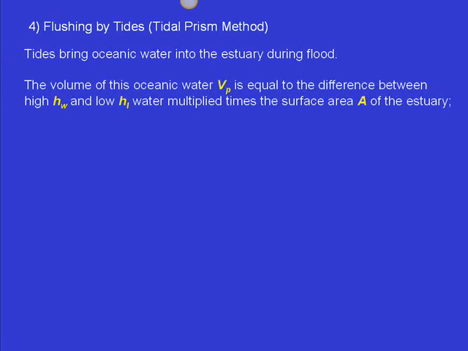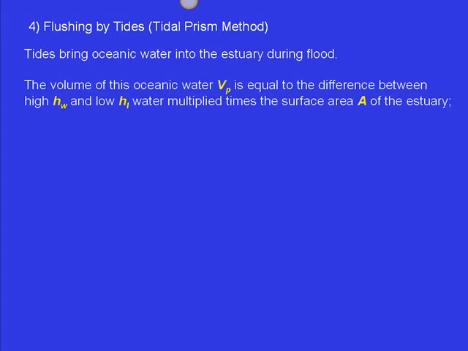For that you assume that the tides bring oceanic water into the estuary during flood, and that volume of oceanic water, which we're going to call V sub P, or the tidal prism, is equal to the difference between high water and low water, multiplied times the surface area of the estuary. So that's what's called the tidal prism in an estuary. That gives you an idea of how efficient the system will be to flush itself.